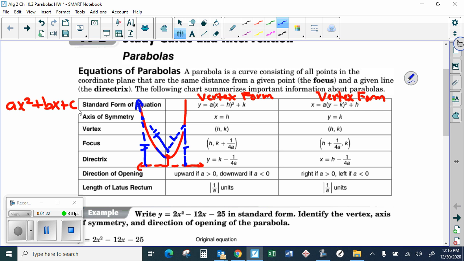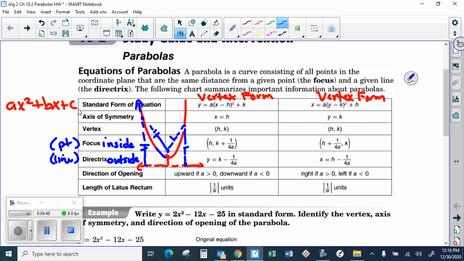Okay, so the focus is always inside the parabola. The directrix is always outside the parabola. Another difference, the focus is a point and the directrix is a line. It's dashed or dotted because it's not part of the parabola itself.